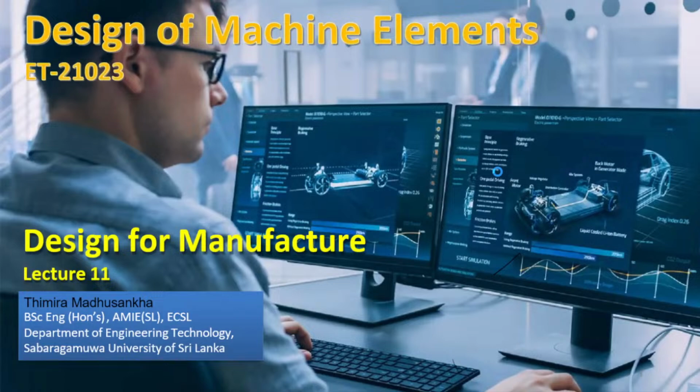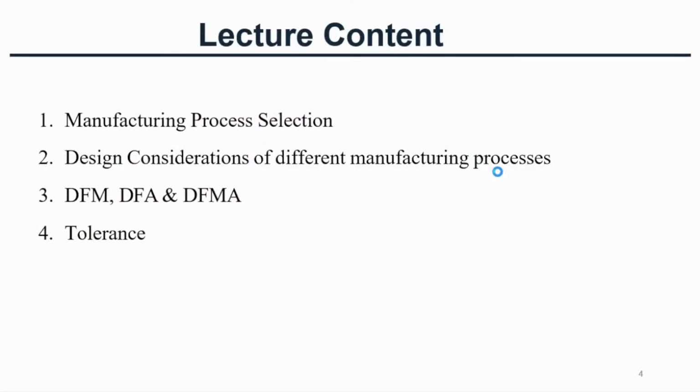Okay, today we will start a new topic: design for manufacture. Under this lesson, I will discuss manufacturing processes and some design considerations of different manufacturing processes, design for manufacturing, design for assembly, and design for manufacturing and assembly. Finally I will discuss tolerances.